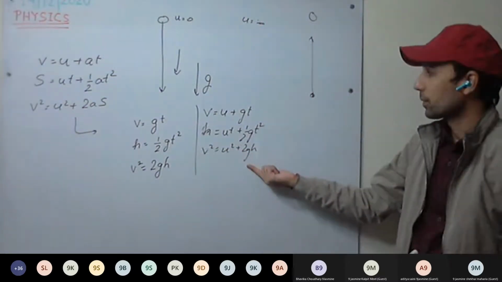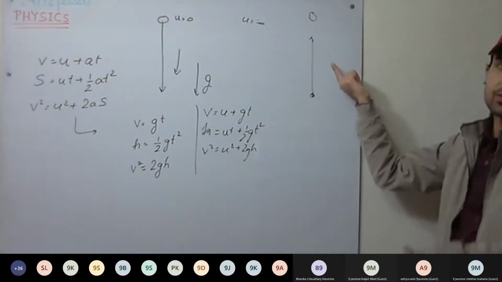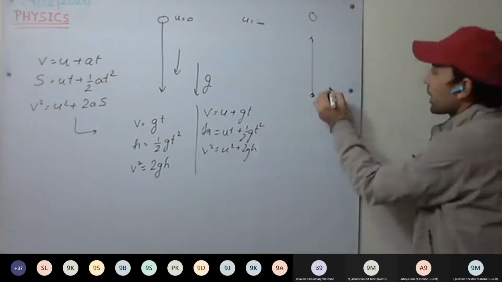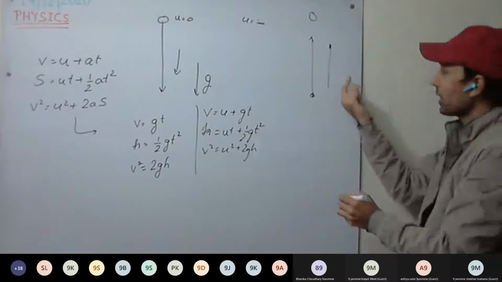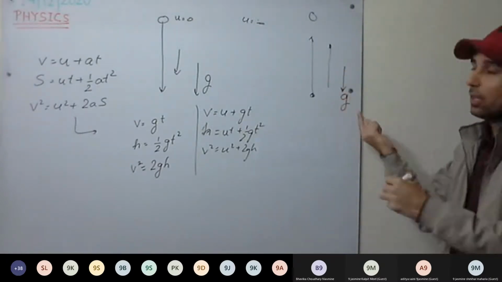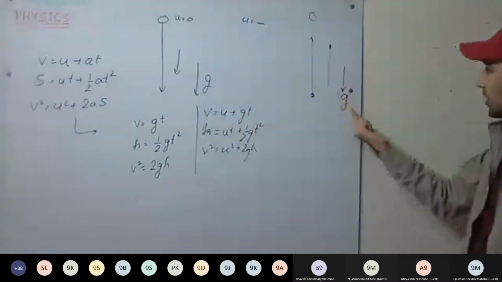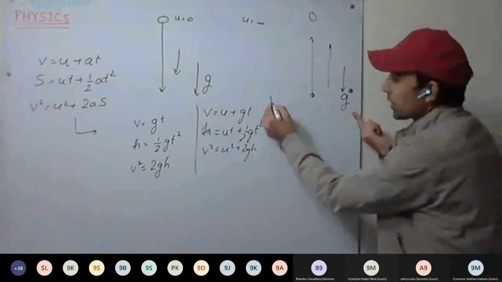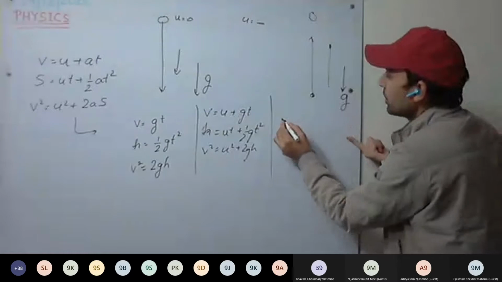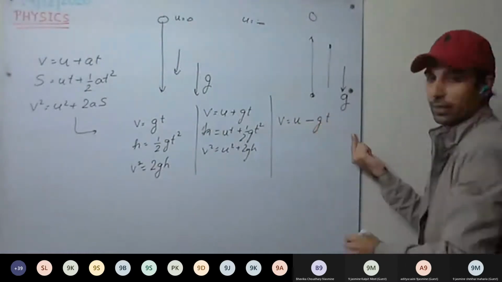This is clear? Now see here, when we are throwing the body upward, motion is in this direction, but acceleration due to gravity is in the opposite direction. So this time we have to put a negative sign because acceleration due to gravity is in the opposite direction. So these equations will become v equal to u minus gt.